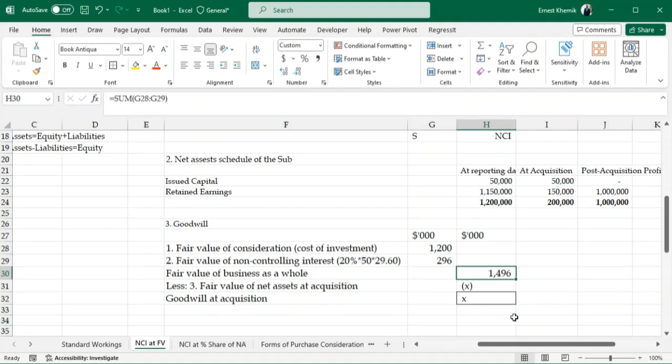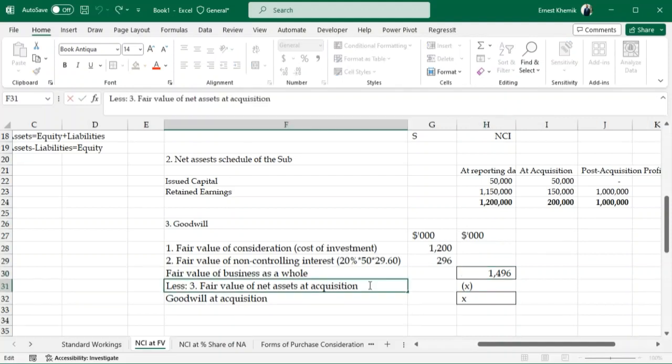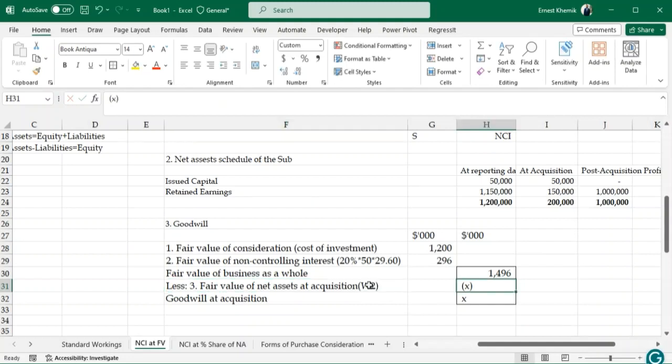Now, what is the value of the business's net assets? What is the value of the net asset of the business? That can be found using workings 2. So within our workings 2, I'll come here and write W2. Alright, and that figure is this particular figure we have here, which is 200.